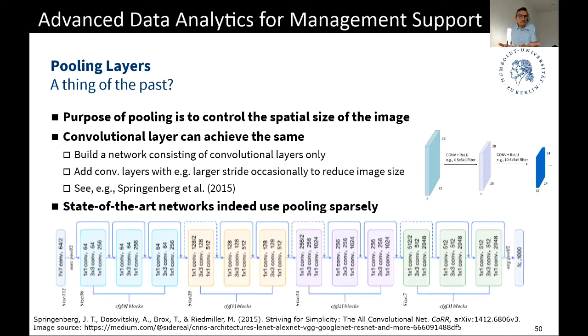But you can let go on padding, and then you reduce the dimensionality of your image as much as you want and when you want it, and you don't really need pooling. And this is why pooling is not used that often in state-of-the-art nets anymore. You don't really need it.